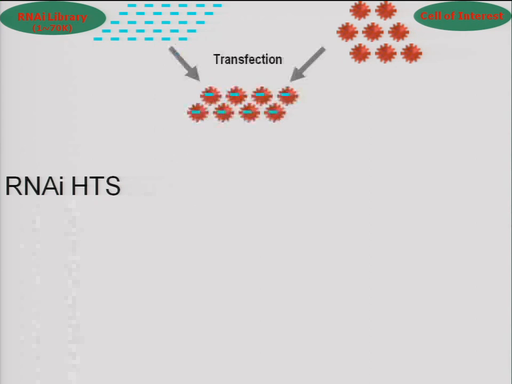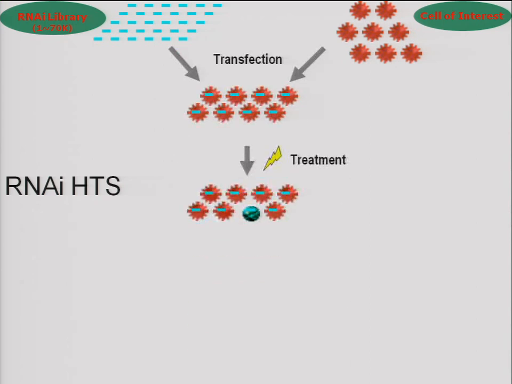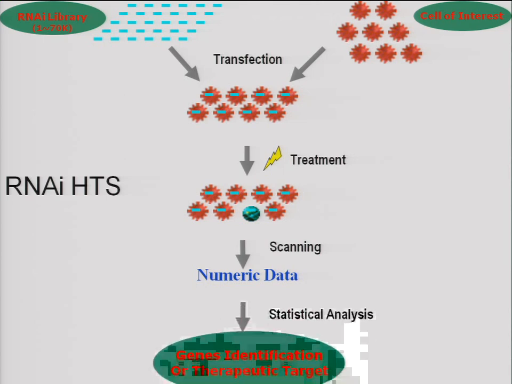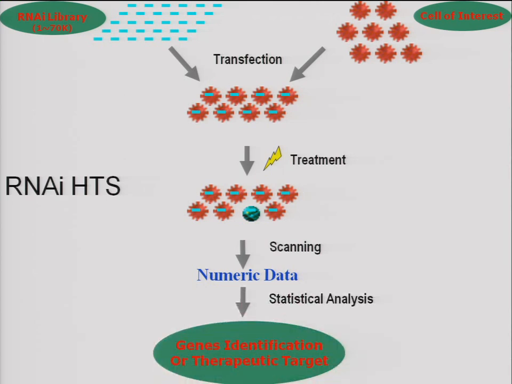After you decide the library to screen, you need to select a cell of interest, such as HeLa cells, and then you transfect the cells with the library in the plate, and then you apply some treatment. You get the data, and we do quantitative analysis. The final goal is to try to identify genes or therapeutic targets.